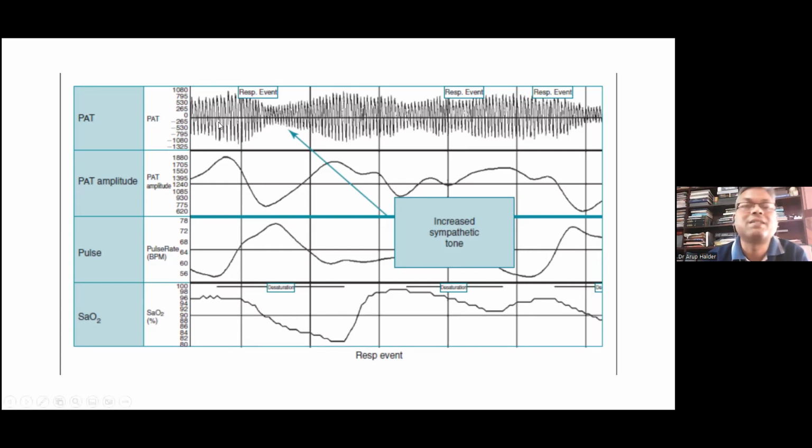Here you can typically see what happens during this kind of study. When there is an obstructive event, there is a sympathetic discharge. This sympathetic discharge actually causes vasoconstriction, and there is a lower peripheral arterial tonometry amplitude.